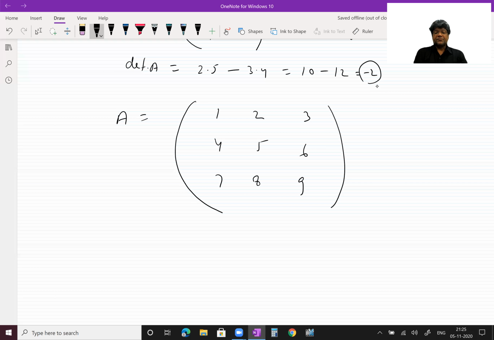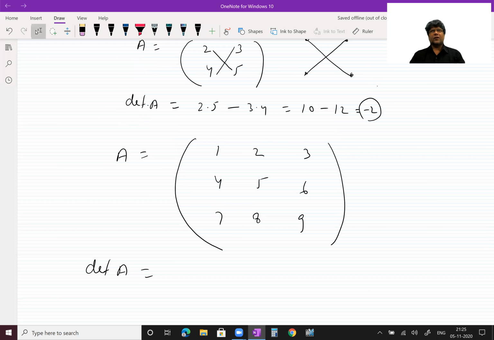For example, if I calculate here, I'm not going to discuss the rule, guys, because I have discussed the rule in the class video: the sum of the products of the elements of any one row or any column with their cofactors.